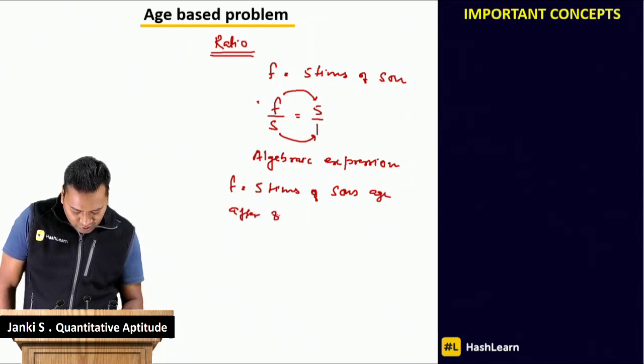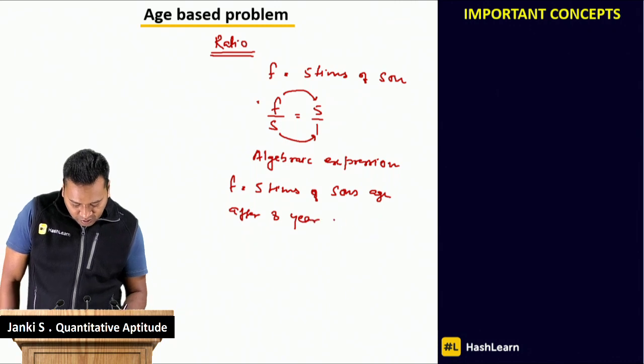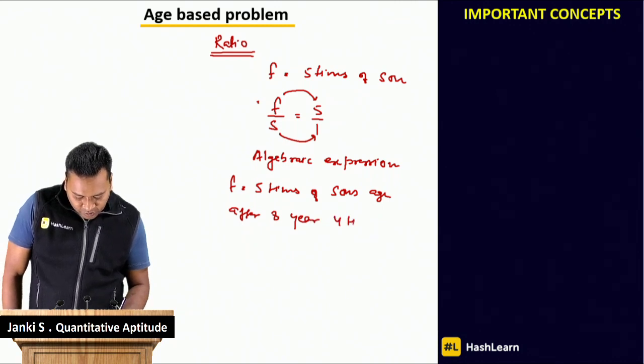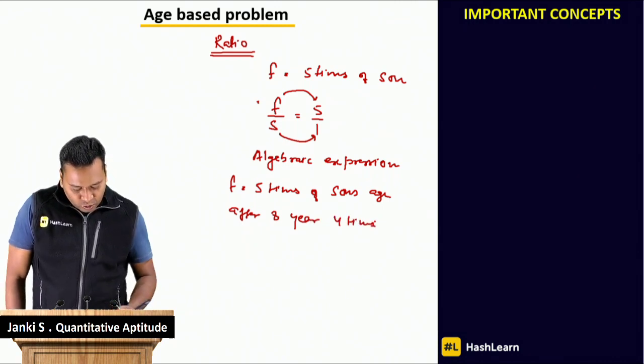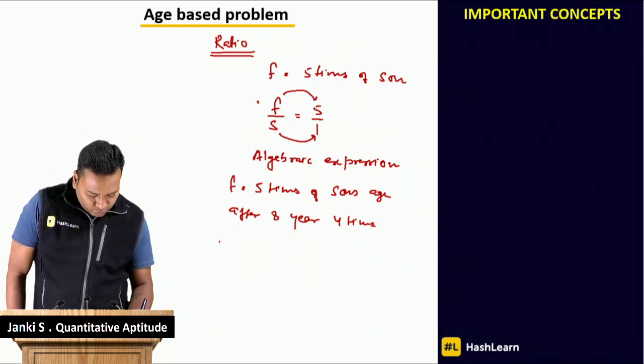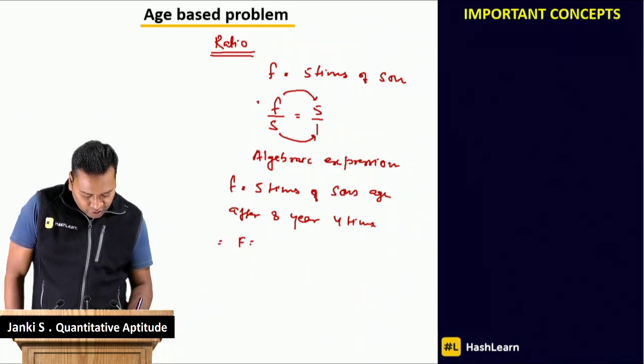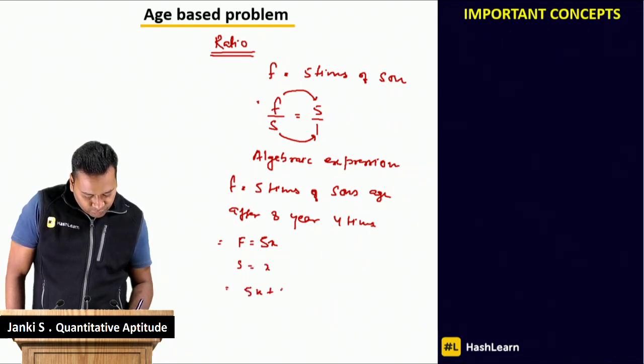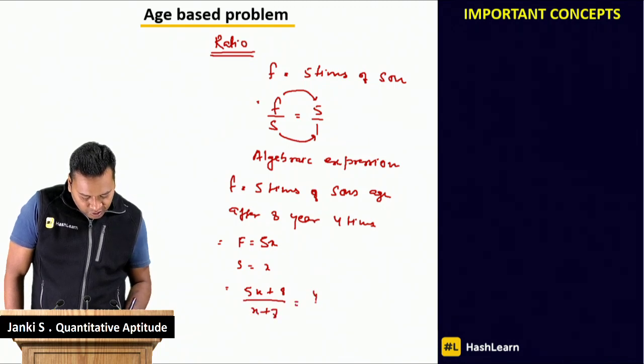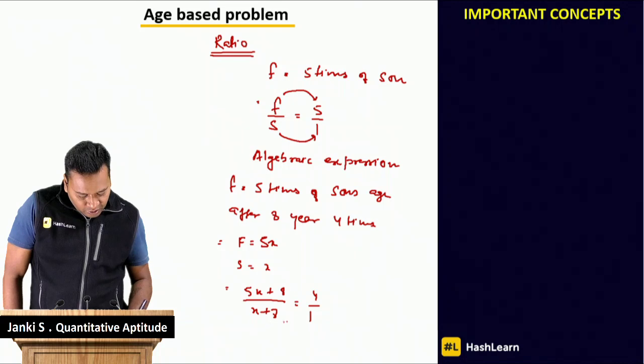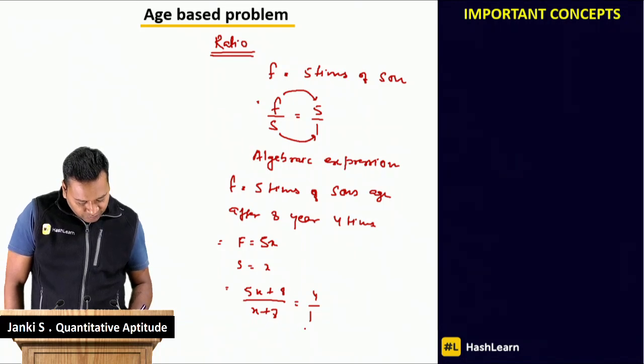After 8 years it becomes 4 times. So that means my condition is father's age I'll consider as 5x and son's age as x. My new condition is (5x plus 8) divided by (x plus 8) is in the ratio 4:1, right? So that's a basic condition here, right?